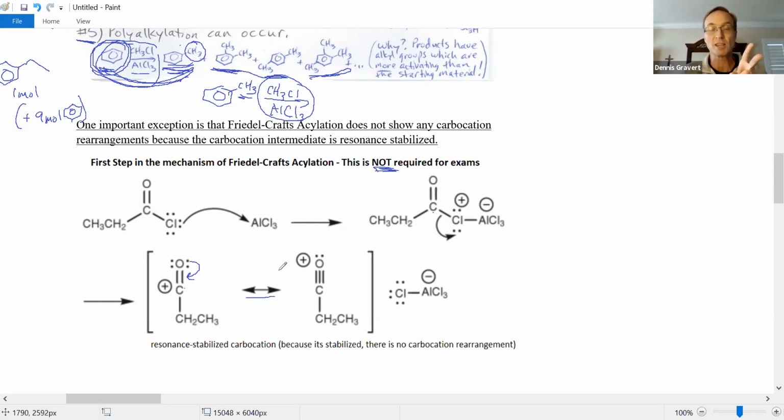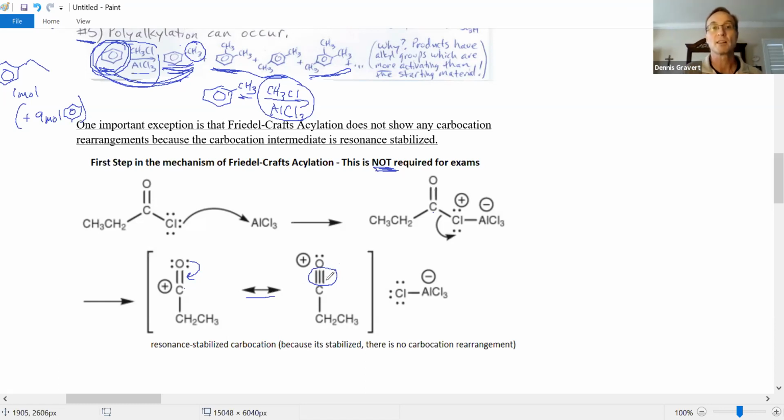So we got 2 good things happening. One, 2 atoms bear the positive charge. Sometimes it's carbon, sometimes it's oxygen, it's sharing. The second thing going for it is you've actually made an additional bond. Bonds are stabilizing, right? A double bond's more stable than a single bond. Triple bonds are more stable than double bonds.